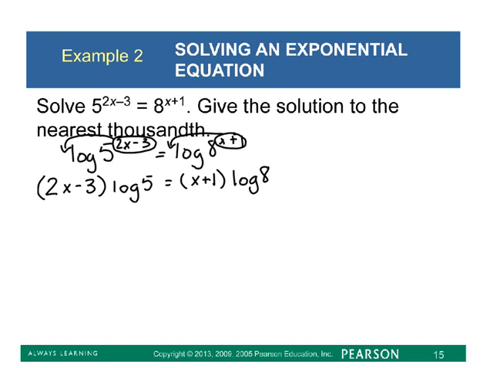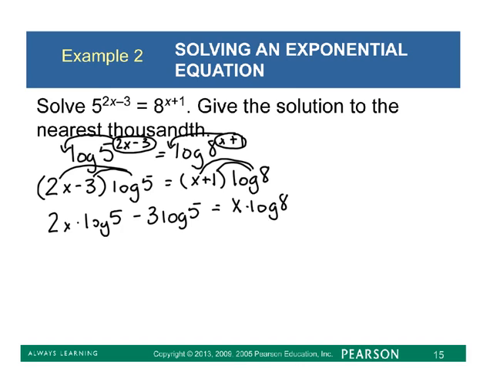Now the next step is to distribute our logarithm out across the set of parentheses. Here we get 2x times log of 5, and then minus 3 log of 5, and that's equal to x log of 8 plus just log of 8.